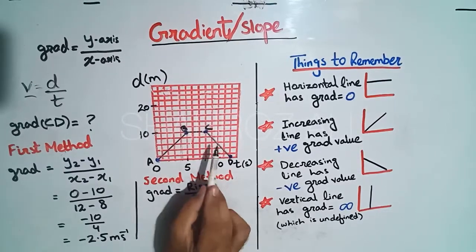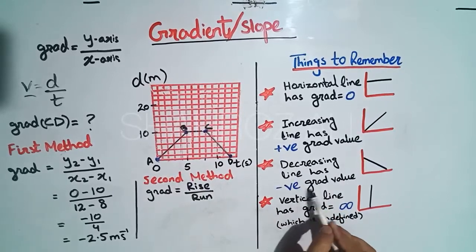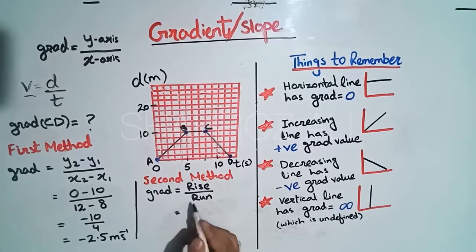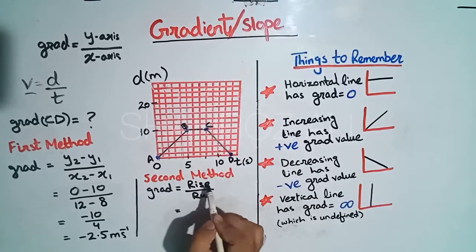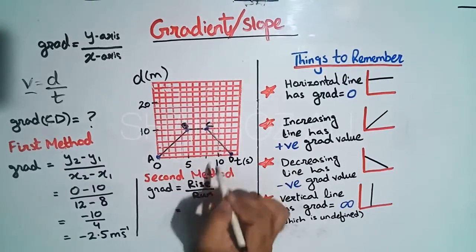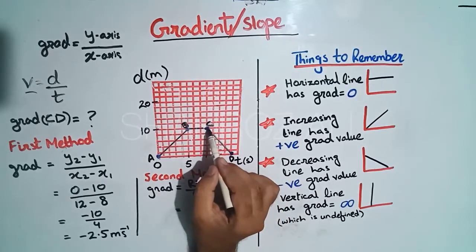As you can see, the line is decreasing, so a decreasing line has a negative gradient value. If you want to use the second method, then it is rise over run. The rise can be taken downward now, because the line is decreasing.